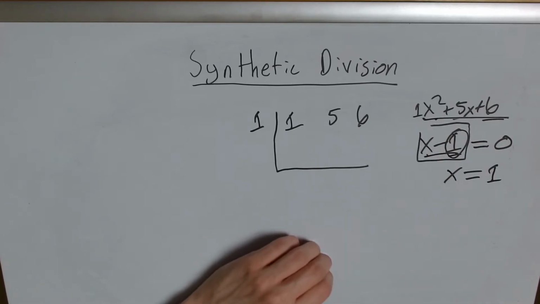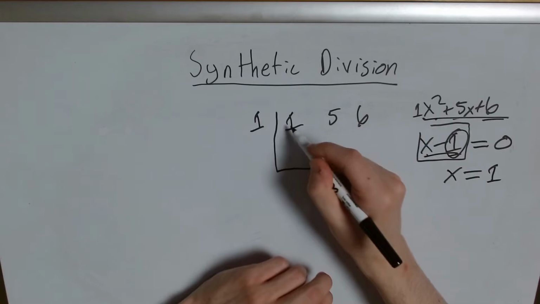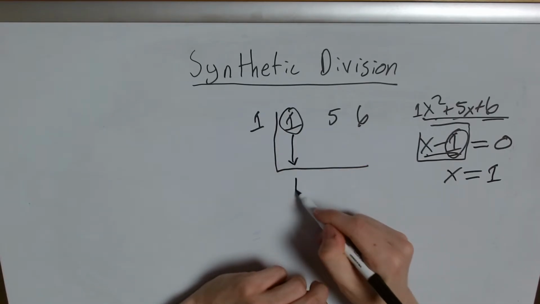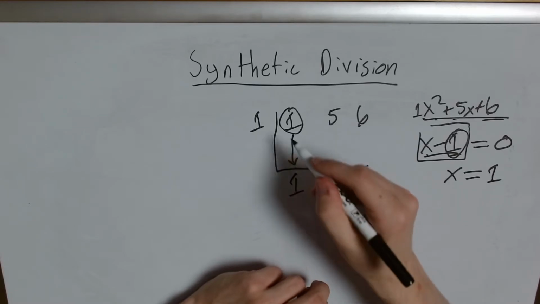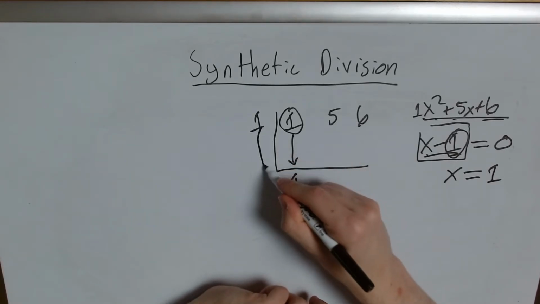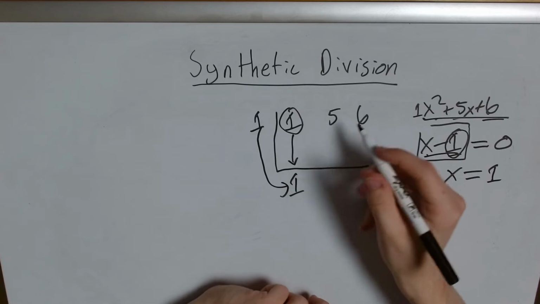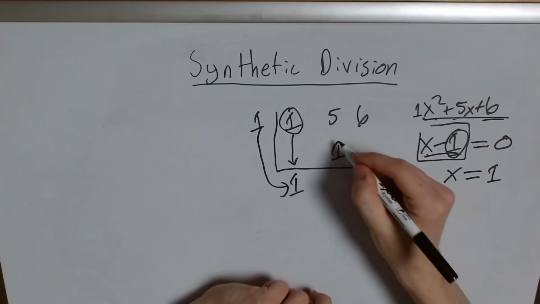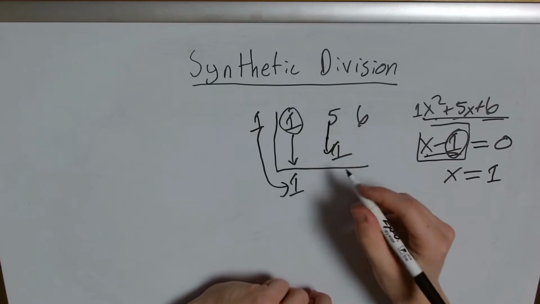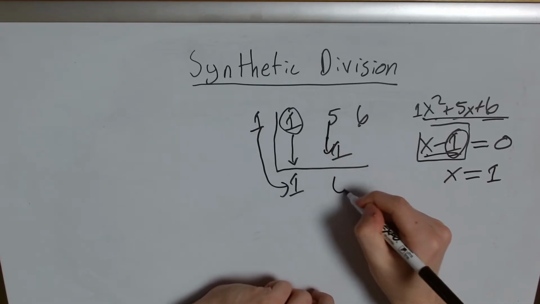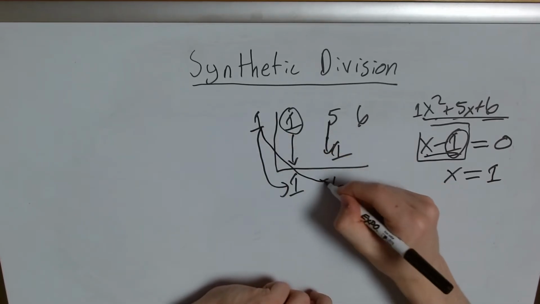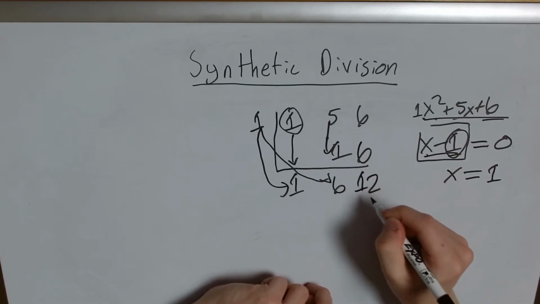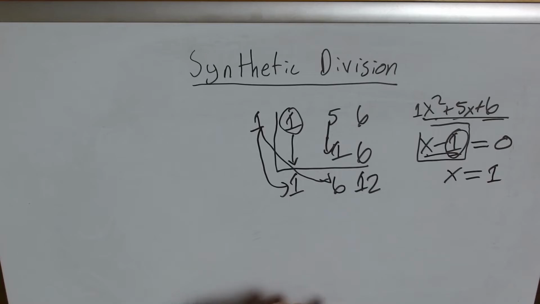Let's carry on though. We're going to take the first number inside, this 1, and bring it down, just like this, right? Then we're going to multiply this value by our test value and write it up here. Now, we're going to add down the column, so we have 5 plus 1, which is 6, and 6 times 1, 6 plus 6, which is 12, right?